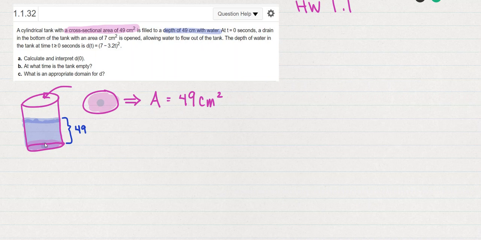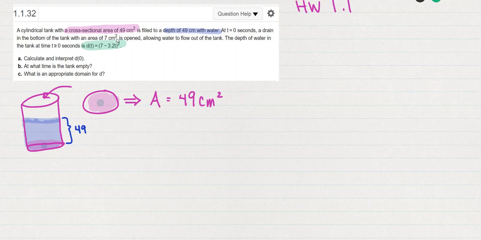That 7 centimeters squared is going to have something to do with how fast the water goes out, but we have this nice formula that tells us something about how fast the water is draining. So we don't actually need that piece of information that the opening is 7 centimeters squared. So let's just ignore that 7 for now.